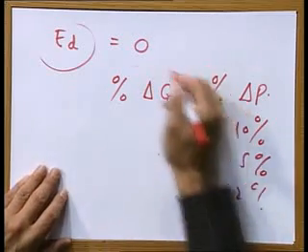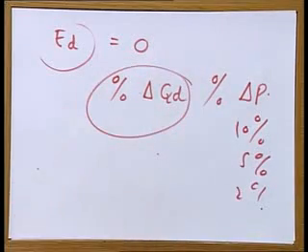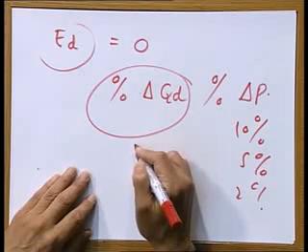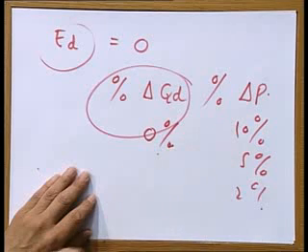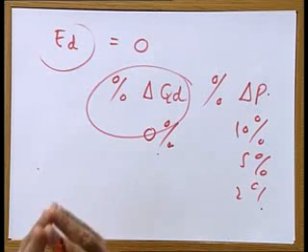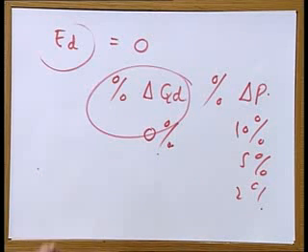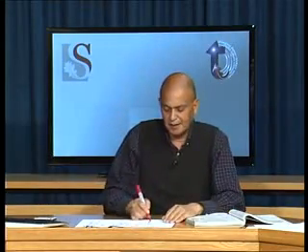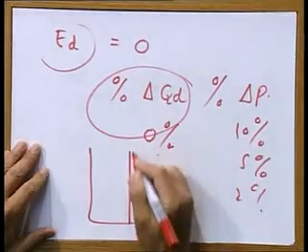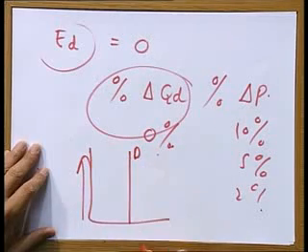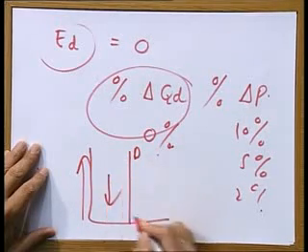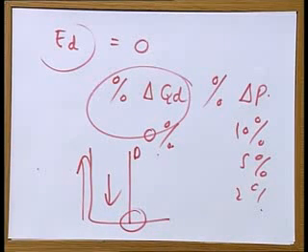The quantity demanded will remain exactly the same. The percentage change in the quantity demanded will be 0%. The quantity demanded doesn't change. This is also theoretical, and it will be illustrated by a vertical demand curve. It simply means if the price goes up or down, the quantity demanded doesn't change.